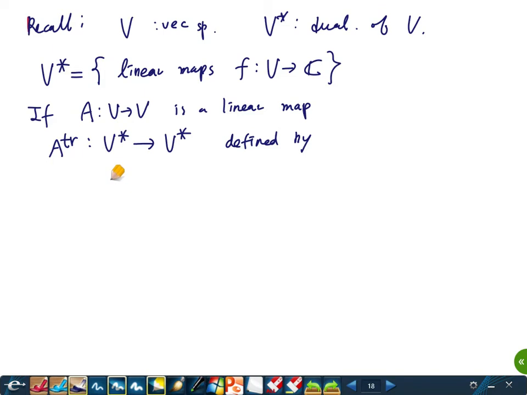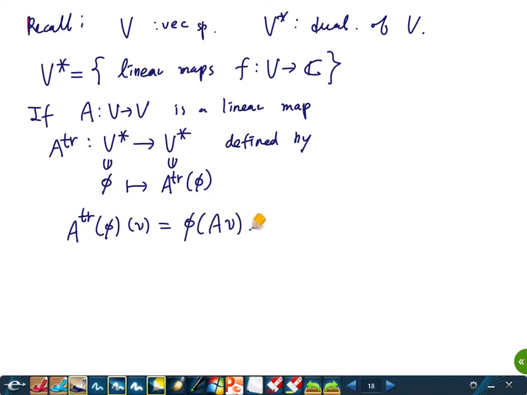We have say one element here, phi, okay? So a linear map or linear functional. This gets sent to this. But the definition is, this is again a map here. That means it's another linear map from V to C. So we have to say what this is. This must be a scalar, but this is defined in this way. The definition is like that.